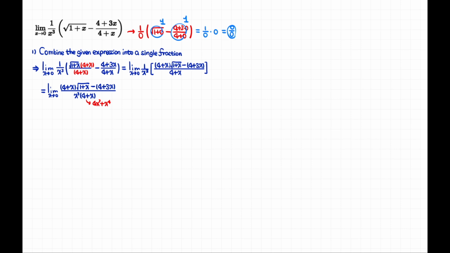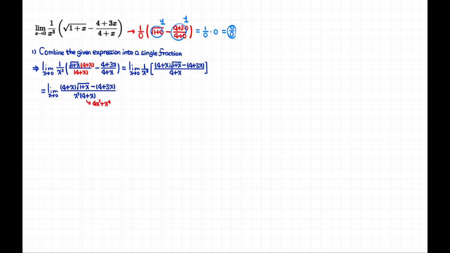So we will leave that part as it is. But now, if you look at this form, you can probably spot that it has the root minus something form. Which means it's time to apply our second technique of method 2, which is rationalizing.